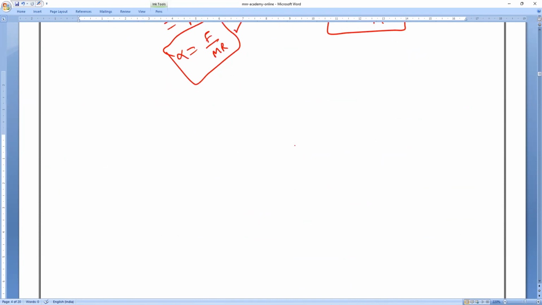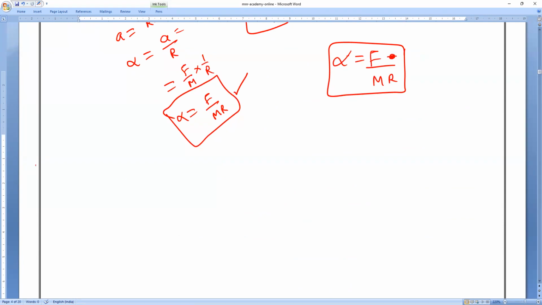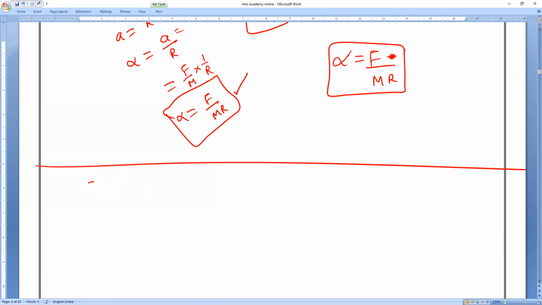Now, in case of solid sphere, this is what you have to make. You can take it for rolling without slipping, but actually we have to calculate for solid sphere now.